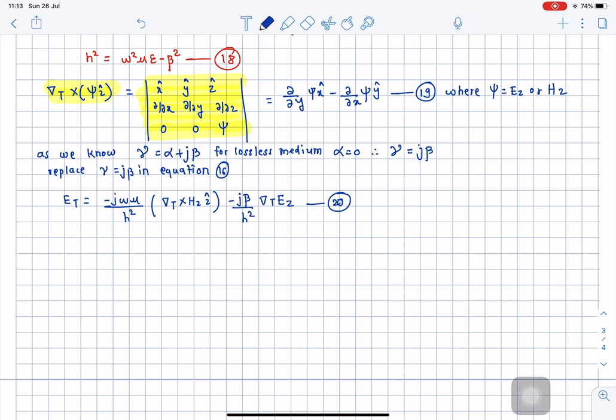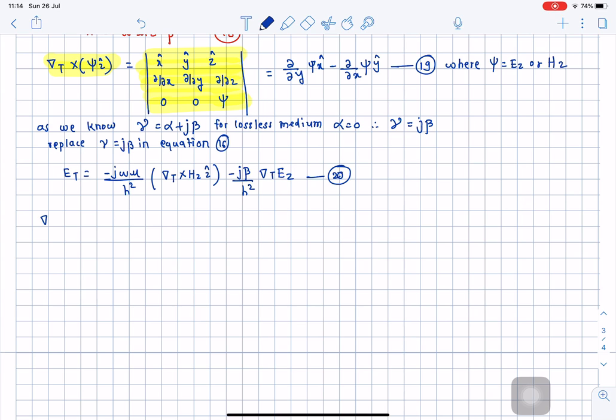So del of t into psi, because we are representing that generalized term as psi, can be written as del by del x of psi x plus del by del y of psi y cap. Let us call this equation 21.